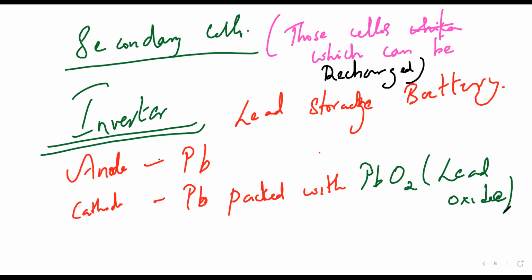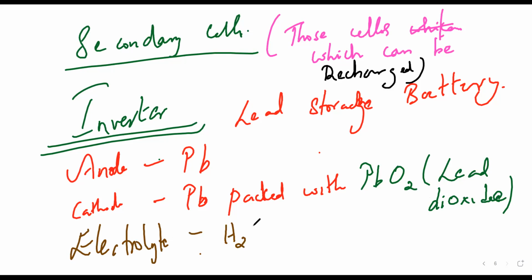Lead dioxide, not lead oxide, my bad. Coming to this, the electrolyte is sulfuric acid, around 38%. Now let's see the reaction at anode and cathode.